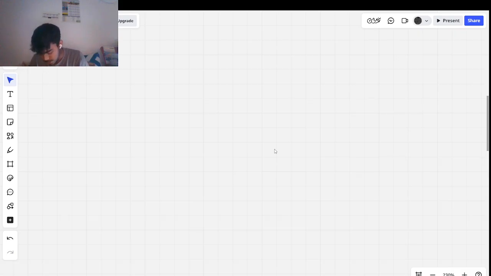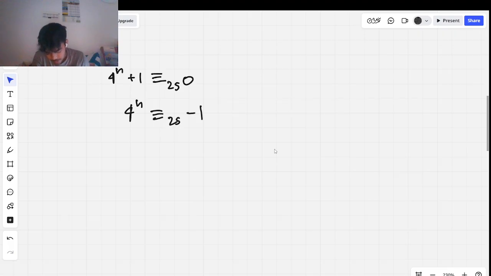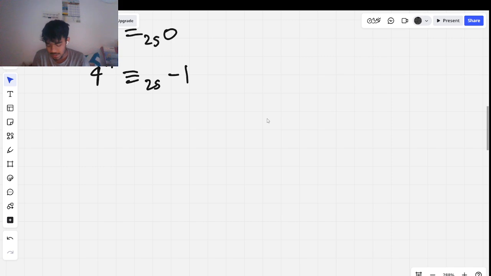So we want to set up a congruence: 4 to the n plus 1 is congruent to 0 mod 25, which implies 4 to the n is congruent to minus 1 modulo 25. Now I need to analyze powers of 4 to the n.